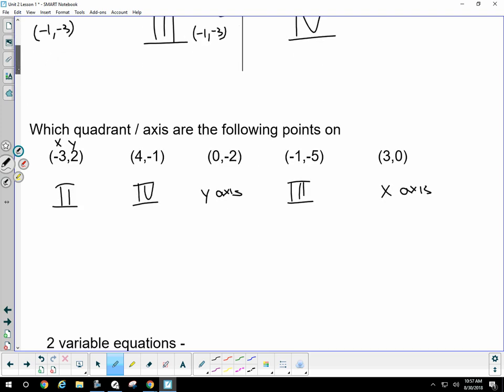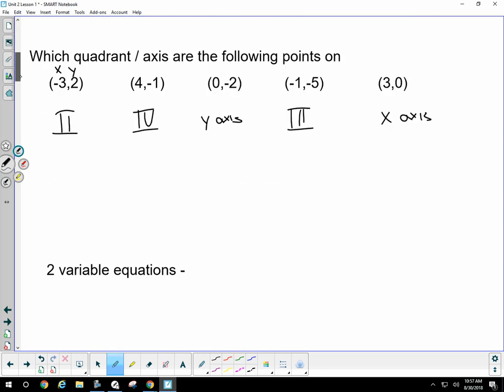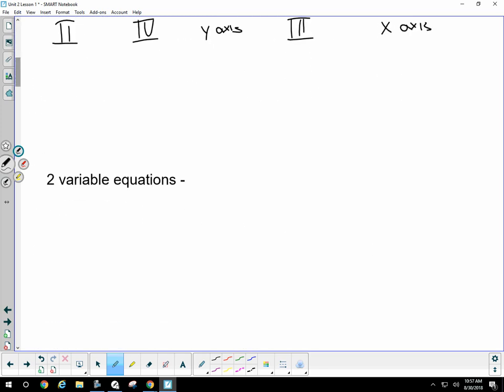Okay? Now, why we use a two-dimensional axis is when we are using two variables in an equation.